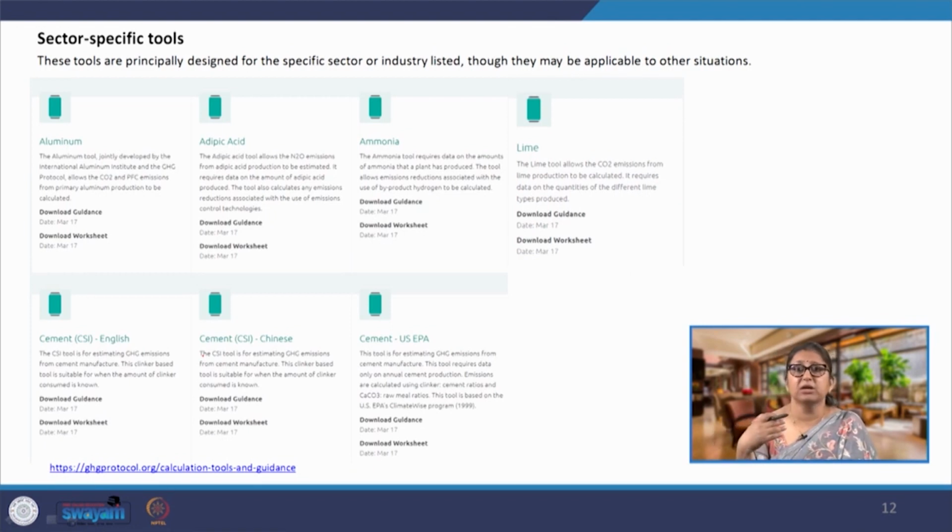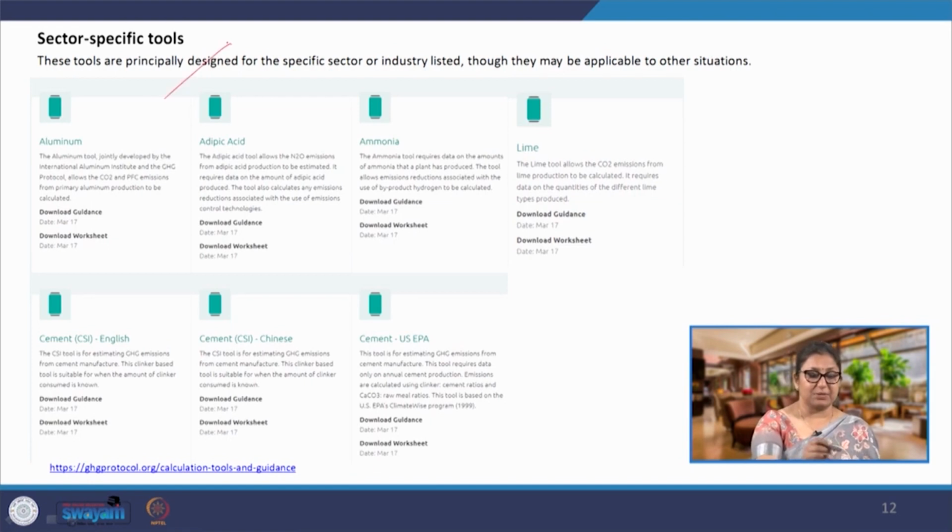If we are talking about aluminum, the extraction of aluminum from its ore requires a different set of activities, the washing with different chemical processes, and they will release a different set of gases which are very different from, say, a food processing industry. There the processes that take place and the resulting GHG emissions are very different. So, the sector specific tools are very important. However, within that there may be differences in the emission factors for specific countries.